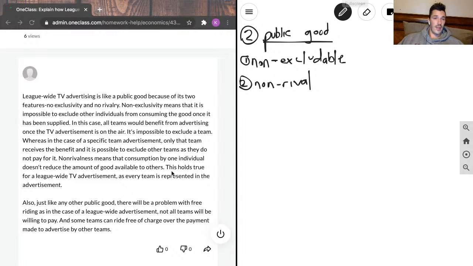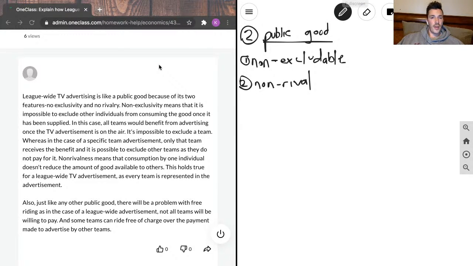It's impossible to exclude a team. Whereas in the case of a specific team advertisement, only that team receives the benefit, and it is possible to exclude other teams as they do not pay for it. Non-rivalness means that consumption by one individual doesn't reduce the amount of good available to others. This holds true for a league-wide advertisement, as every team is represented in the advertisement.